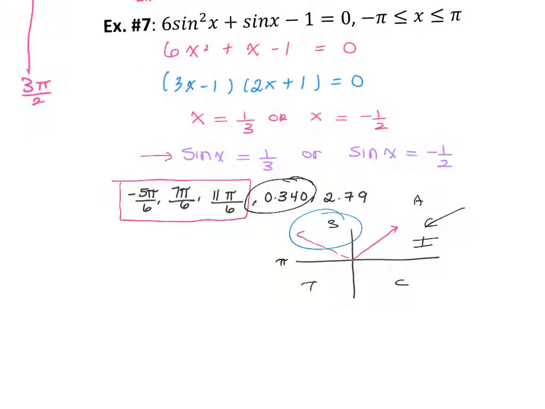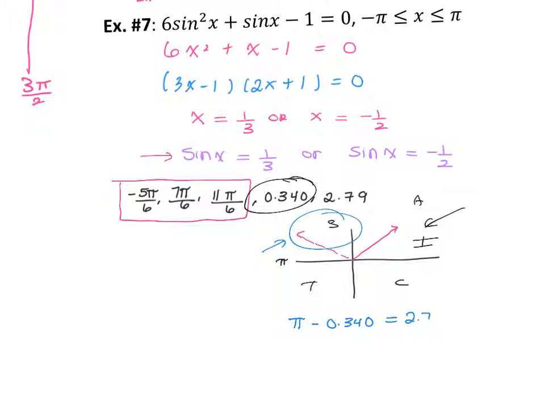And we can get another value in quadrant 2. We just need to find out what value that is. Well, just like before with your unit circle, you're going to go ahead and take pi minus. So you're going to do pi minus 0.340 to get your last value, okay?